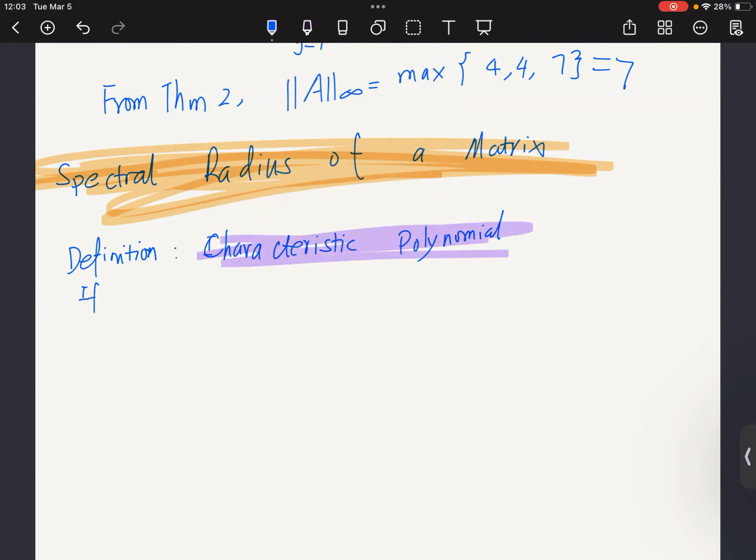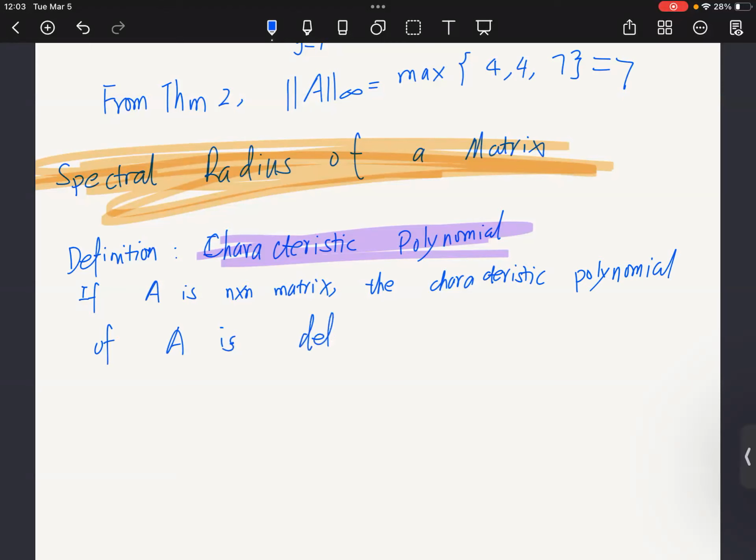So if A is an n by n matrix, then the characteristic polynomial of A is defined in this way. It's just P of lambda, because it's a polynomial, right?